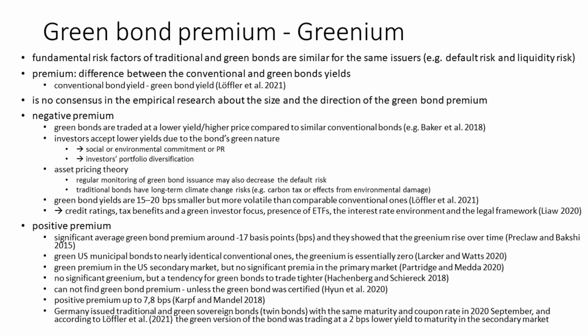So even some of them compared parallel bonds which were issued by the same country at the same time with the same maturity, just one was green and the other was not green. And in this case, they were able to find that there was a negative premium. So practically, this argument can be supported sometimes, but practically, there is no general rule at all.